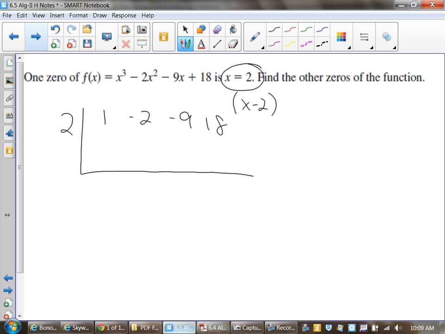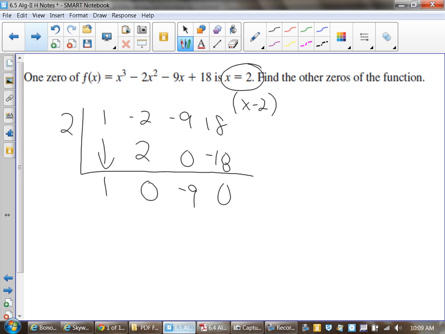It wants me to find the other zeros, which basically means factor it. So drop the 1. You get 2 times 1. Add them, multiply them, add them, multiply them, and add them.